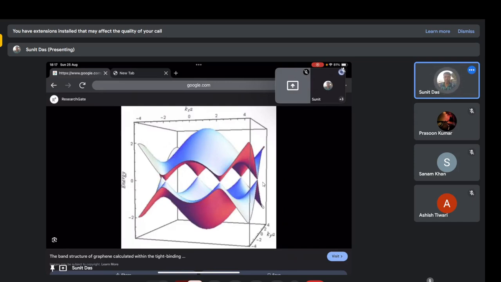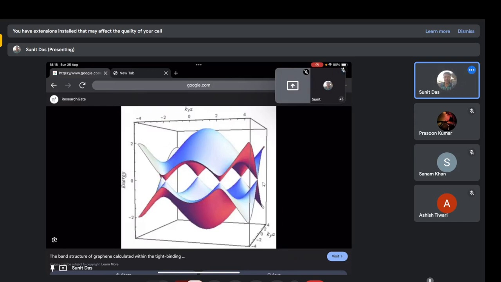And there are certain points where you see that the upper band, which is positive in energy, and the lower band, which is negative in energy, exactly touch at a single point. And at other places, the bands are basically far apart from each other.